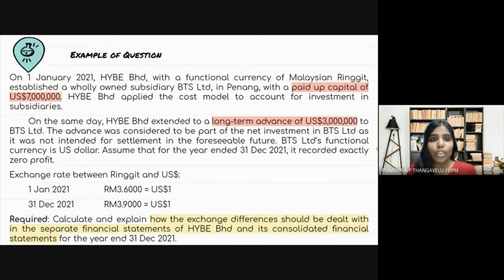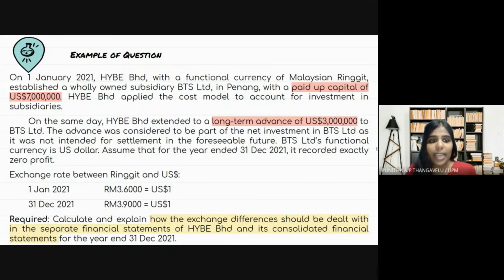The advance was considered to be part of the net investment in BTS as it was not intended for settlement in the foreseeable future. BTS's functional currency is the US dollar. Assume that for the year ended 31st December 2021, it recorded exactly zero profit.